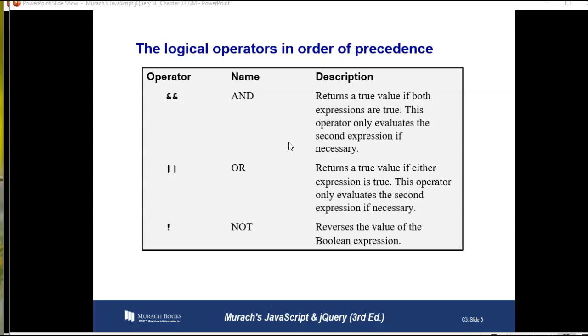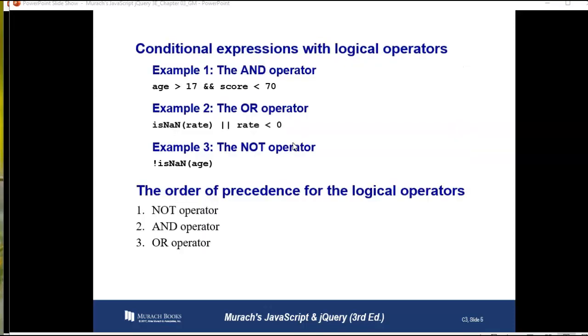Along with relational operators, we have logical operators, which essentially allow us to take multiple relational operations, like age greater than 17 and score less than 70, and use this as one very large expression that evaluates together as either true or false.